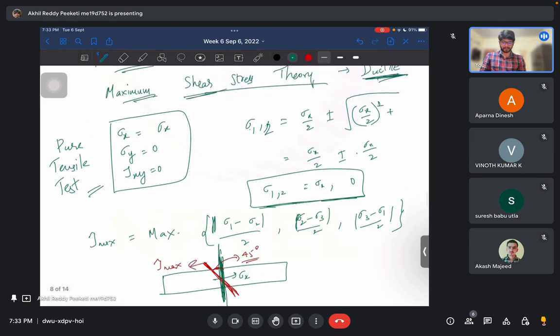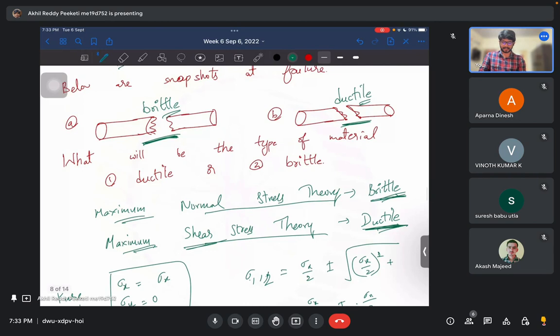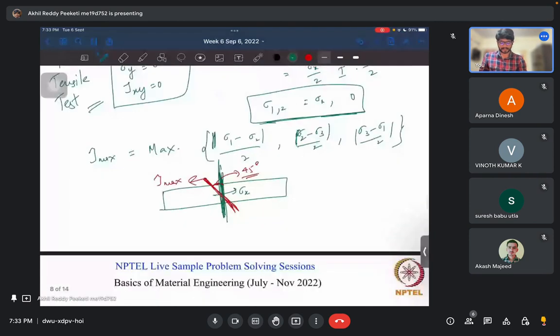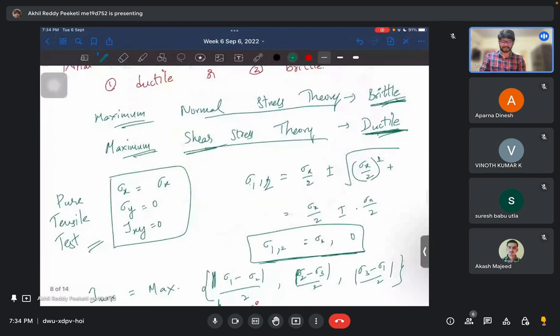Okay. Now we have seen one sample is failing in the plane perpendicular to the axis. So it failed when sigma x has crossed some barrier. That means it is failing with normal stress theory behavior, so it is a brittle material.